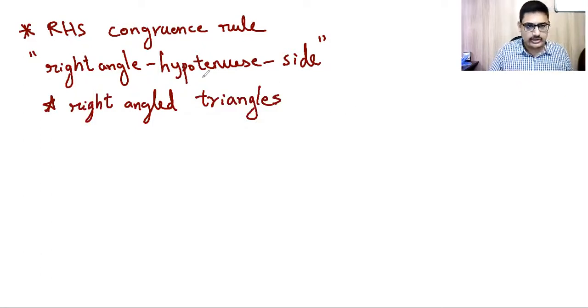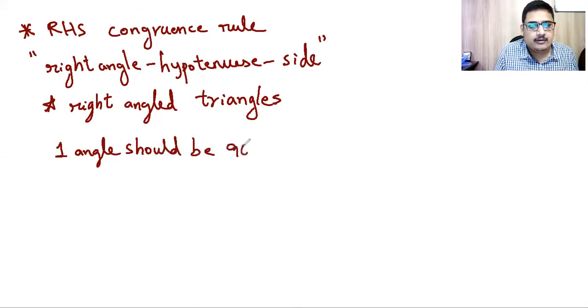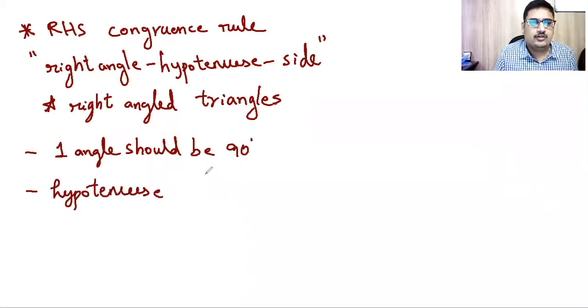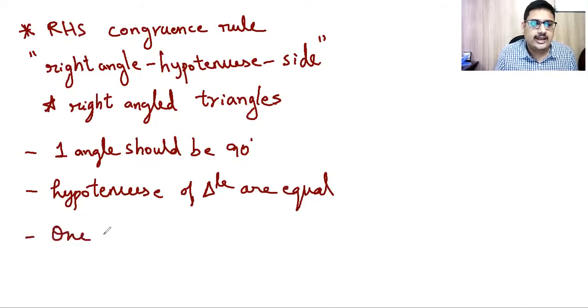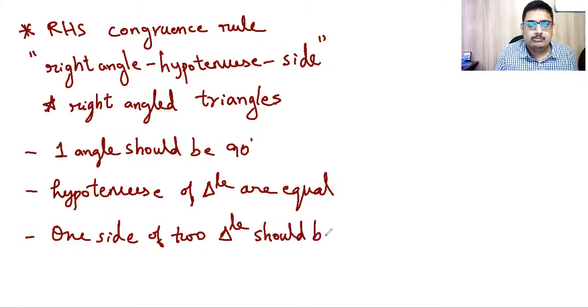So in the RHS congruence rule, what should happen? The first is one angle should be 90 degrees. Then the hypotenuse of the triangles are equal, and also one side other than the hypotenuse of the two triangles should be equal.